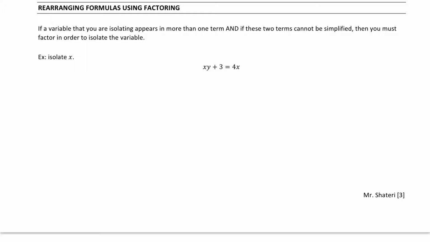So here's what you should do. You should move everything that has the variable that you're looking for. In this case, we're trying to isolate for x.